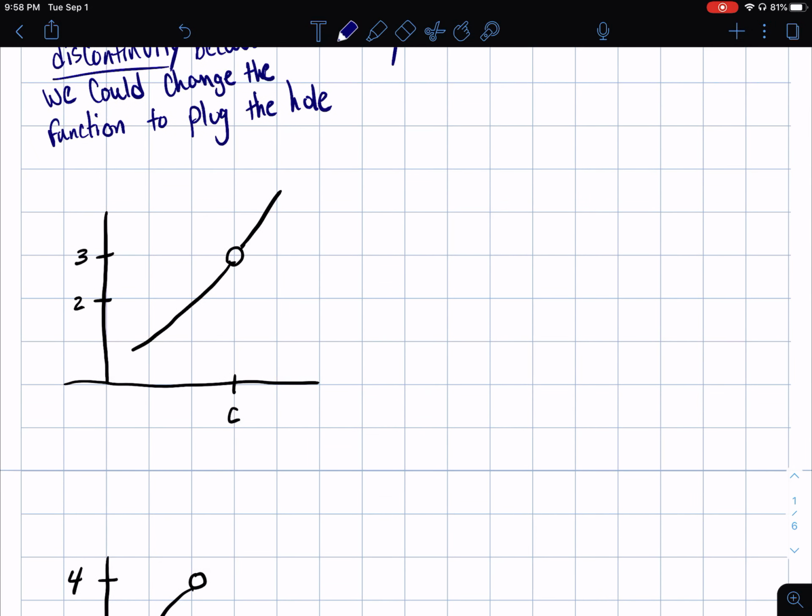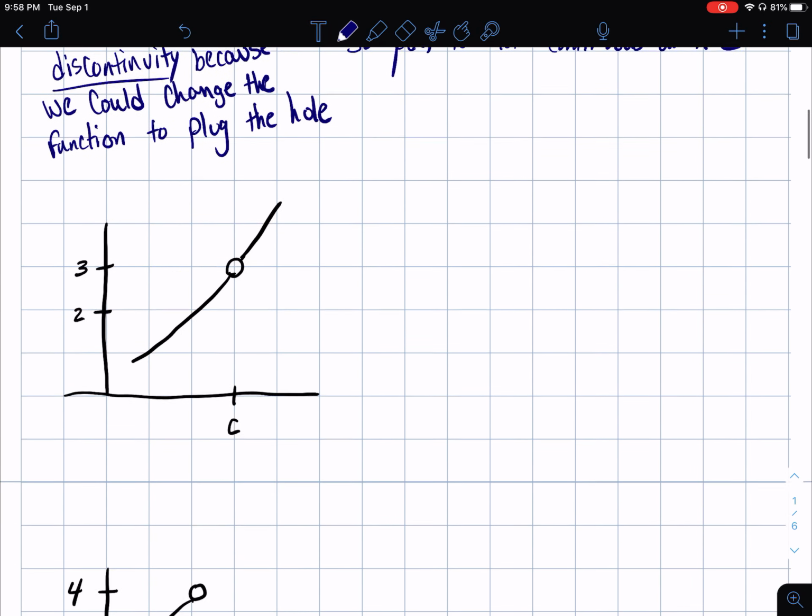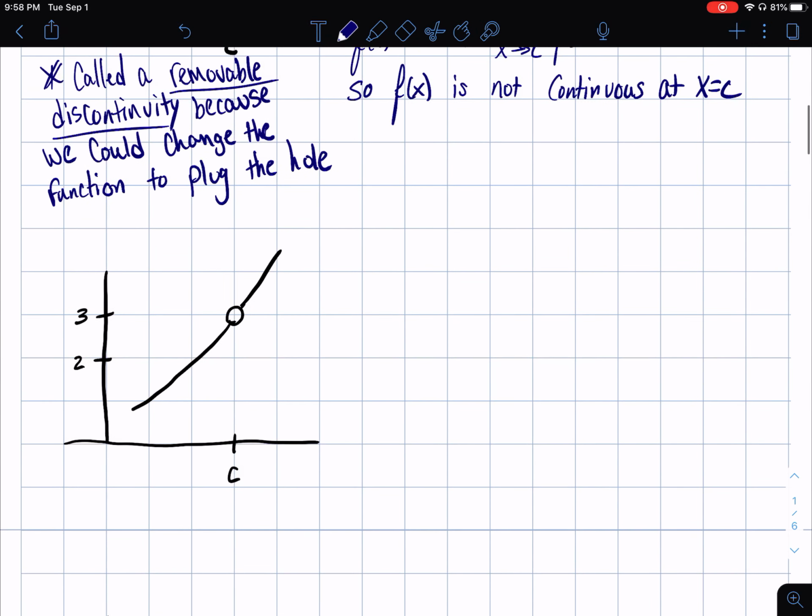All right, so next one. Same graph, the only difference is we've removed the point. So if we look at this one, first thing we want to test for is what f of c is and if that exists. In this particular case, we have no f of c. There's just a hole there, there's no point. So f of c is undefined.